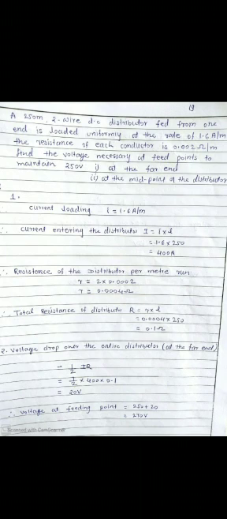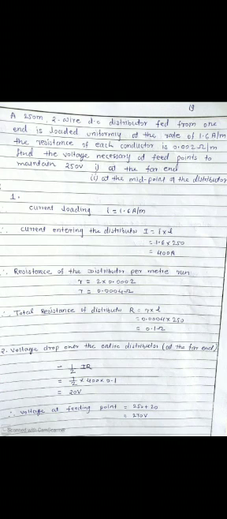The resistance of each conductor is 0.0002 ohm per meter. Find the voltage necessary at the feed points to maintain 250 volt, first, at the far end, second, at the midpoint of the distributor.